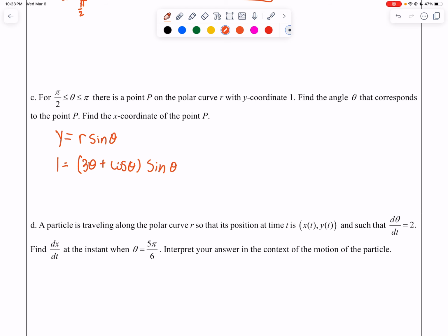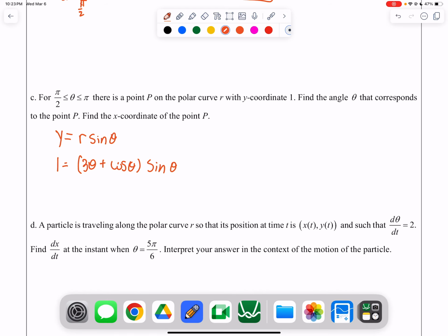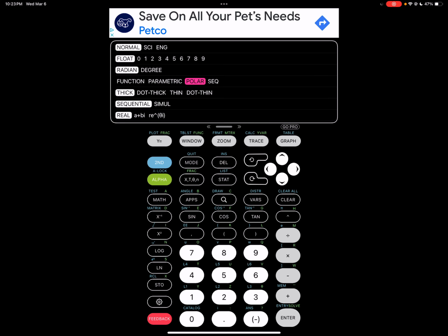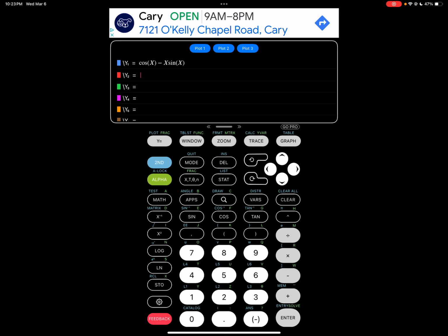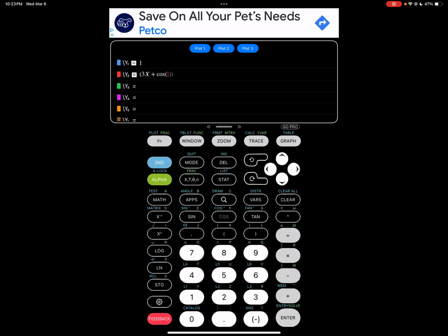Now, once again, I am going to put this in function mode, and I am going to go ahead and erase everything here and put in what I have. So my intersection is going to be 1, and then we have 3 theta plus cosine of theta, and that's multiplied by sine of theta here.